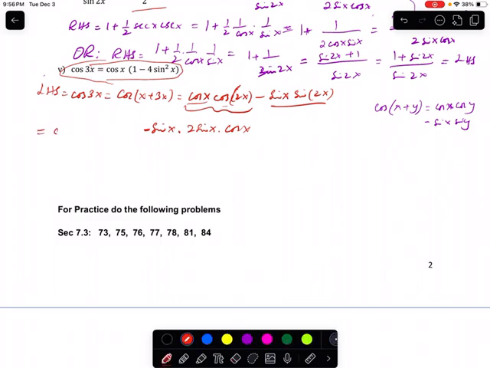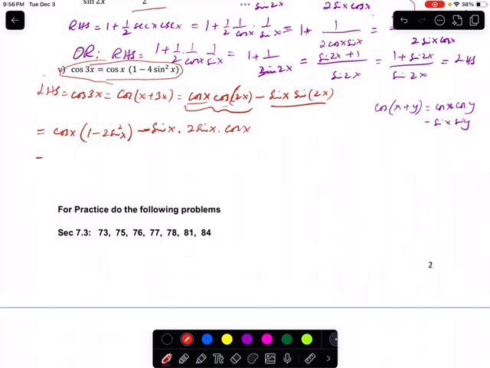So cosine x times 1 minus 2 sine square x. The only difference this will make is it will take less time and less work to show it.